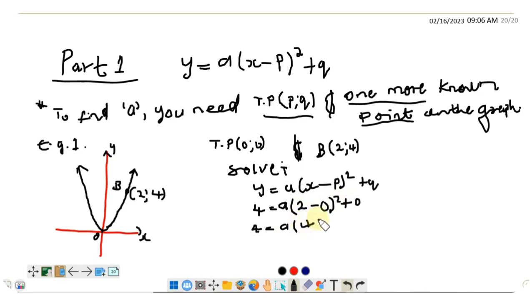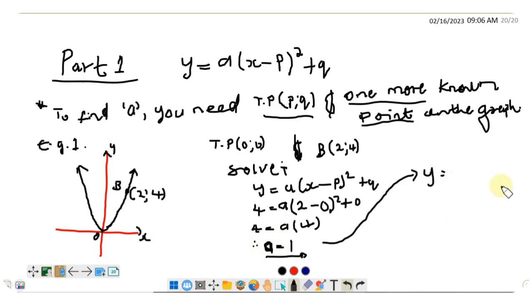So A into 4, we have 4 equals 4A. Therefore, divide both sides by 4: A equals 1. So we have the value of A, so we can write the equation.